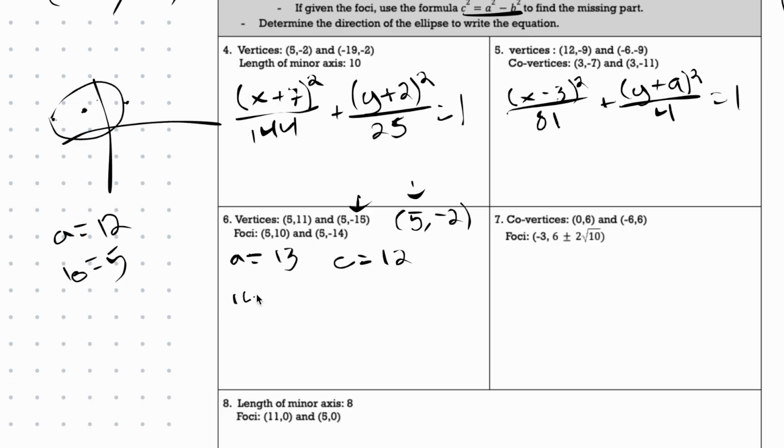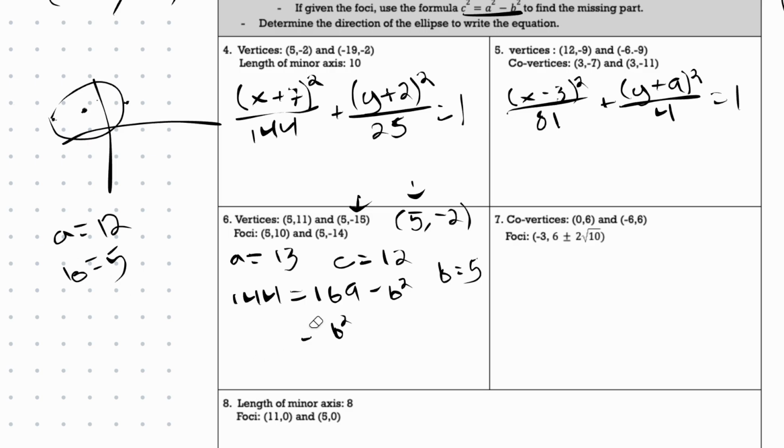We get 144, c squared, 12 squared is 144, equals 13 squared, which is 169, minus b squared. I'm going to subtract 169 from both sides, and I get negative 25 equals negative b squared, but I'm just going to multiply by negatives on both sides. We end up getting b is equal to 5.